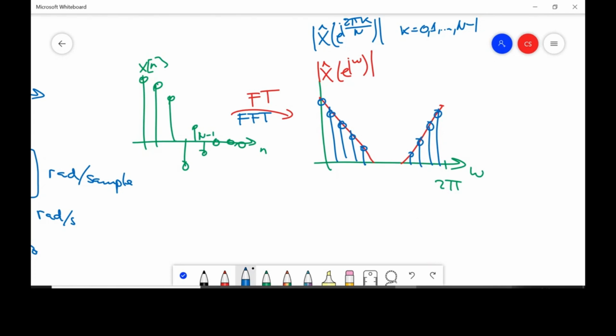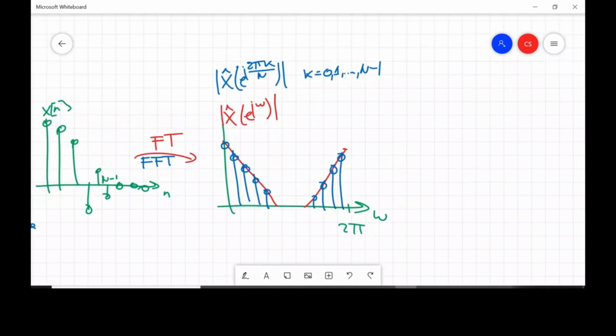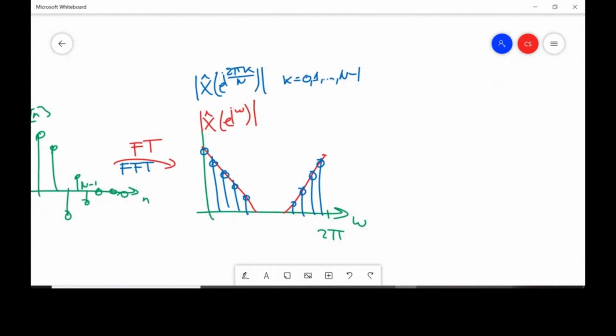So those are related objects. One is the Fourier transform. The Fourier transform of a discrete signal is a continuous signal. It is continuous in frequency. So this one is a function that goes from a continuous to complex.